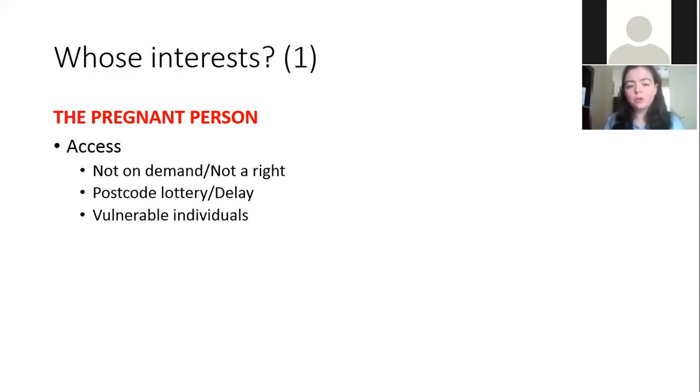And also we'll come on to vulnerable individuals more later, but the point is that if you are in a vulnerable group, your access might be slightly less readily available than other people. So when we're considering how to regulate or provide services, we need to consider access for all.